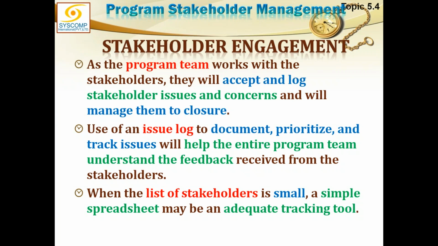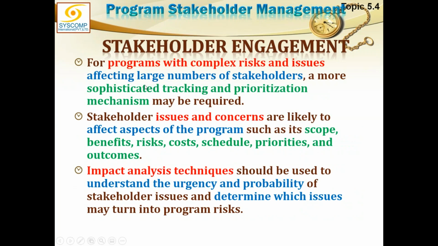Why are we talking only about our list of stakeholders, which is a small, simple spreadsheet, maybe an adequate tracking tool? Is it possible we can track through it? Yes, of course you can track through it, or you can track by your personal scores, or have an extended app created, and on that application, this feature should be there.